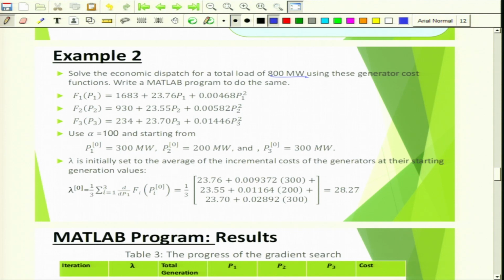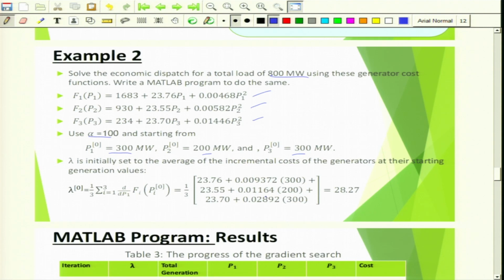And this can also be done with the gradient approach. Anyway, you have the fuel characteristics for each generator. Choose an alpha, let us say 100, and choose some initial generation value for each generator. For the first generator I have chosen 300 megawatt, for the second generator 200 megawatt, and for the third generator 300 megawatt.